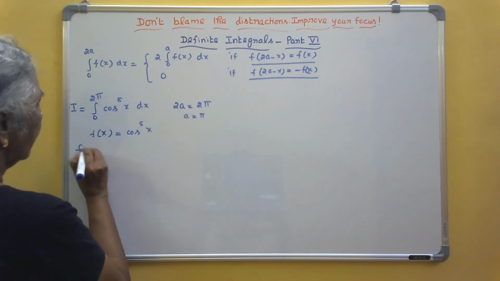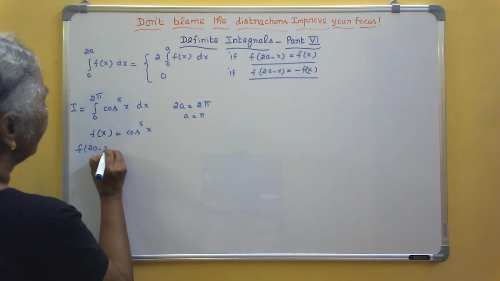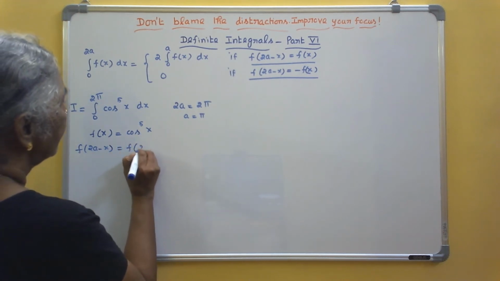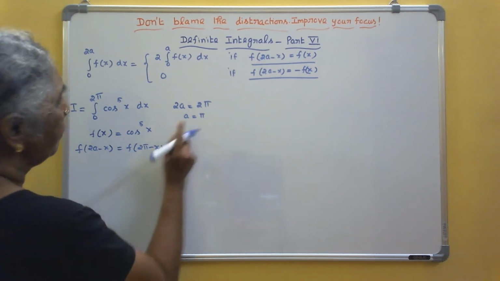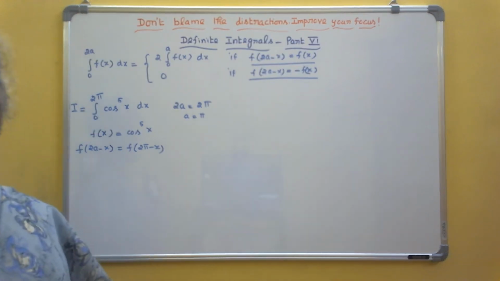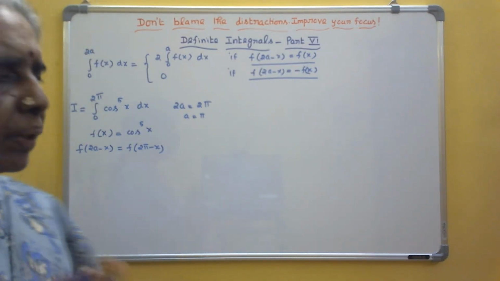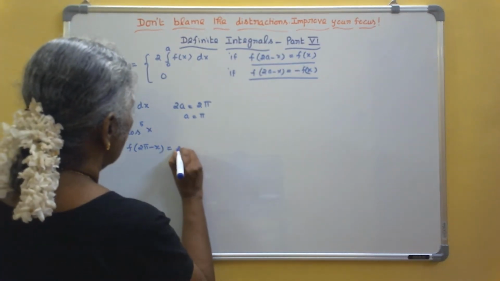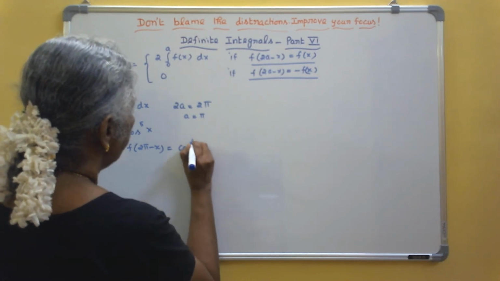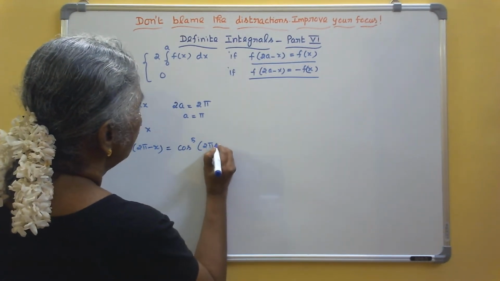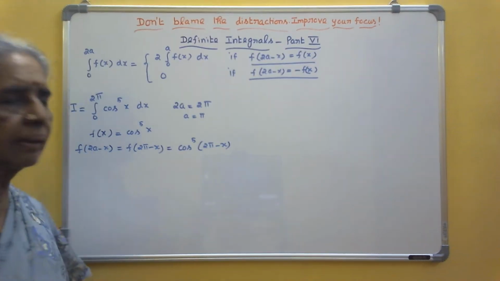Okay. Then f of 2a minus x, that is nothing but f of 2 pi minus x, because 2a is equal to 2 pi. That is equal to cos power 5 of (2 pi minus x).